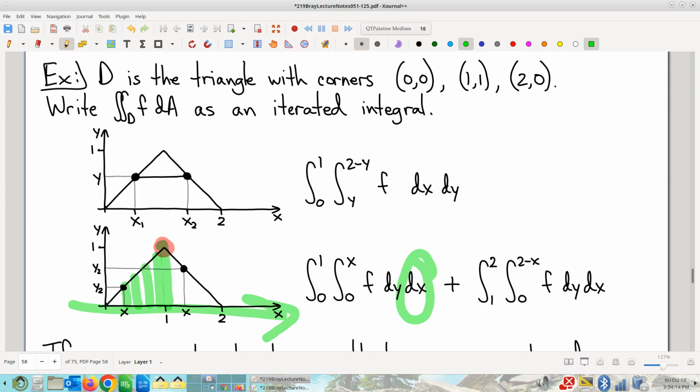When you slice through a corner, that inside bound, in this case the upper inside bound, could be the lower, every domain is different, but that's the situation where, probably the inner bounds are going to change formulas, and I'm going to have to start a whole new integral. I'm going to have to stop the integral I was working on. I'm going to have to start a whole new integral to finish up the slicing with the different formula.